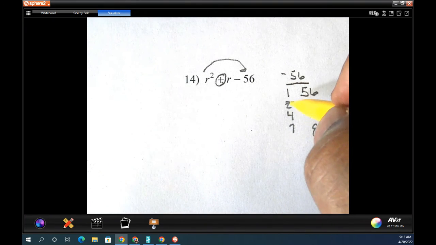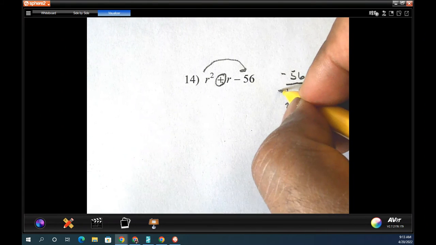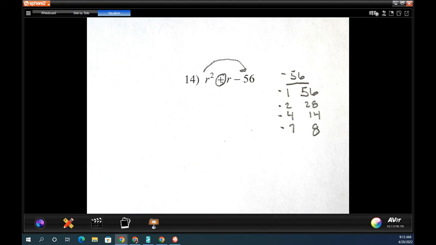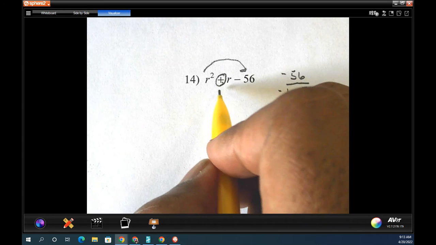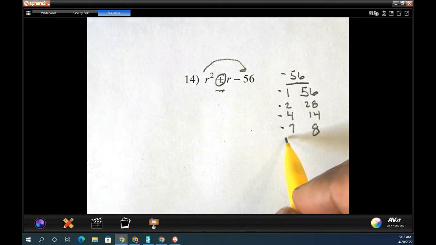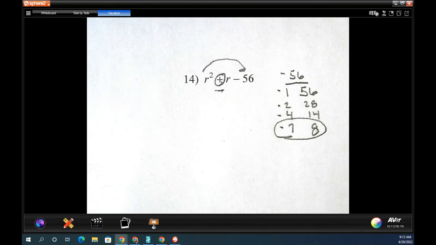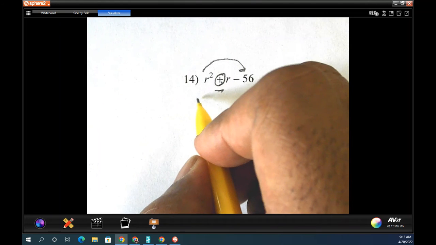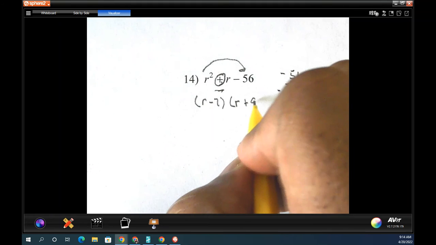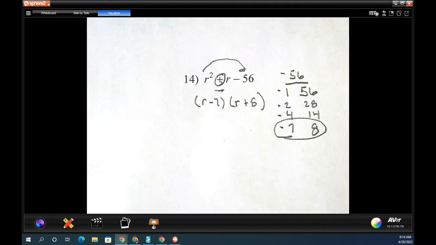Make them negative. Because a negative times a positive is a negative. Now, here's the thing. We need to find the two factors that add up to what number? 1. Which two factors are they? Negative 7 and 8. All right. So, here we go. That would be r minus 7 times r plus 8. That's your answer right there.